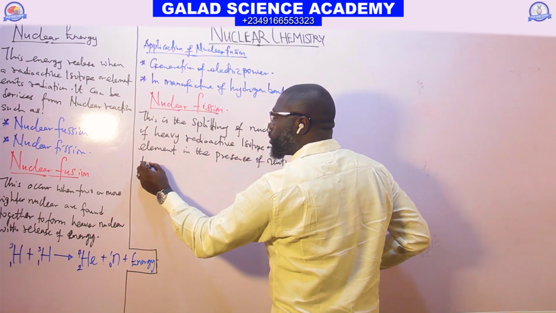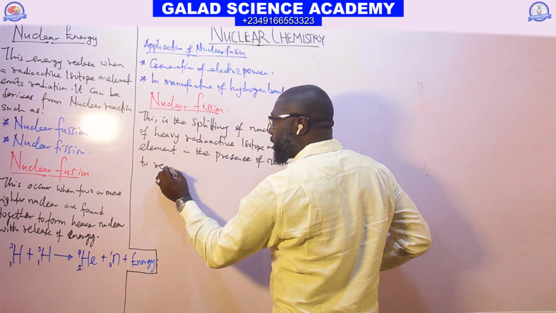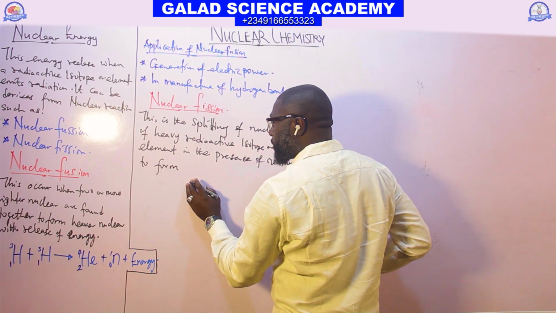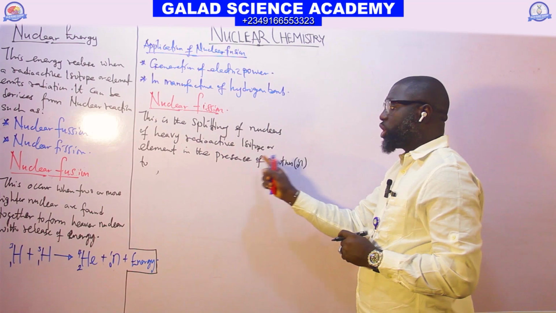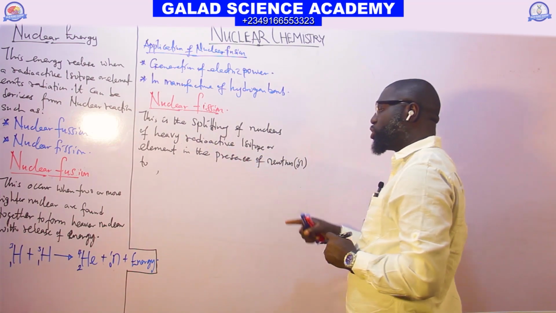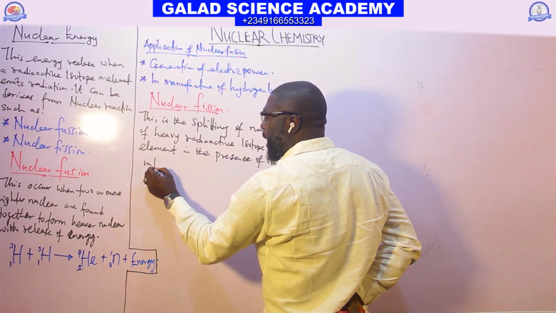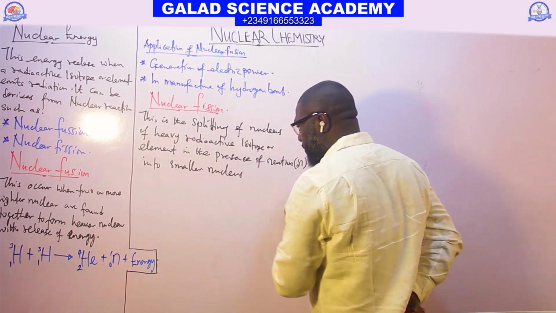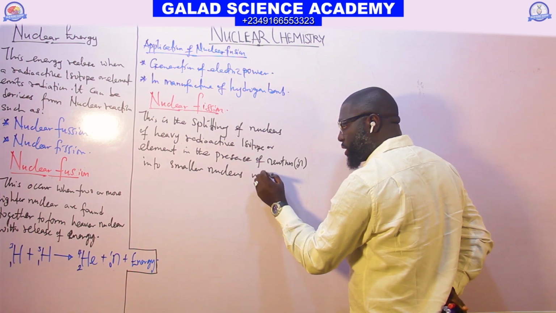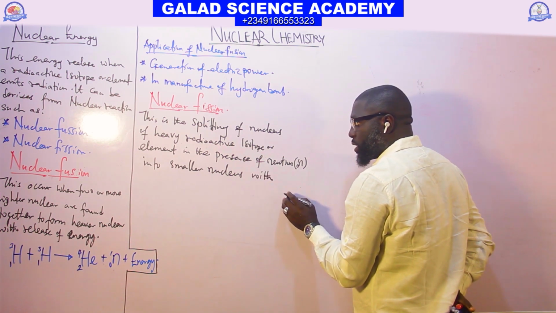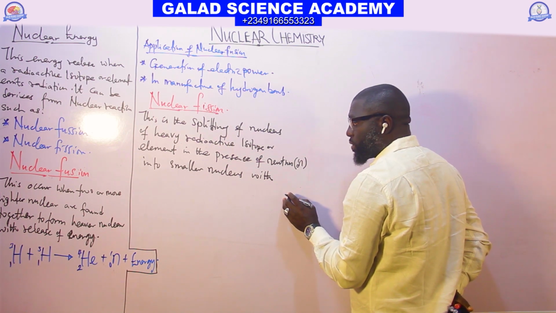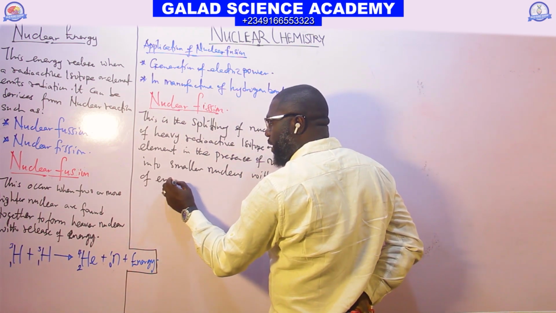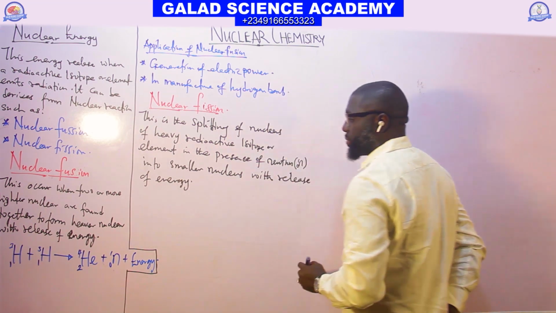Fission is the splitting of the nucleus of a radioactive isotope or element, in the presence of neutron, into smaller nuclei with release of energy.